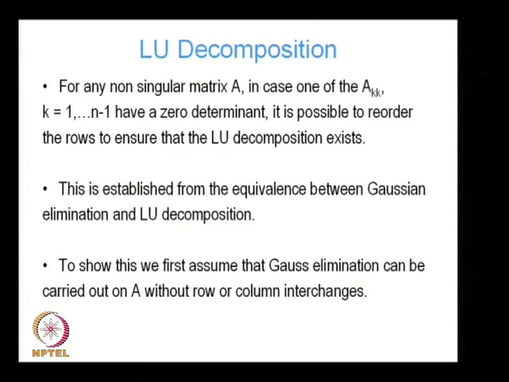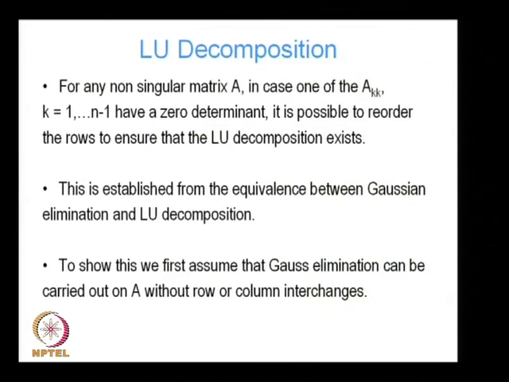For any non-singular matrix A, in case one of the Ak, k equal to 1 through n minus 1, has a 0 determinant, it is possible to reorder the rows to ensure that the LU decomposition exists. Why? Because what we are saying is that the LU decomposition is going to exist if each of those submatrices Ak has a non-zero determinant.